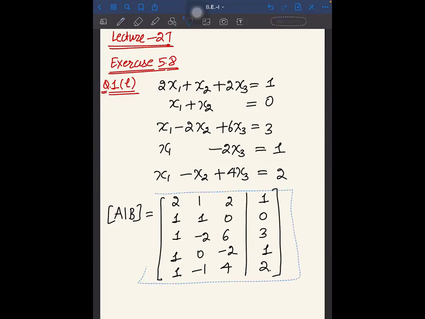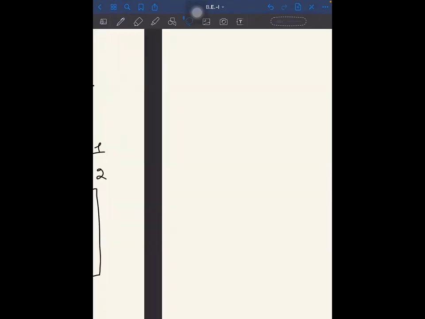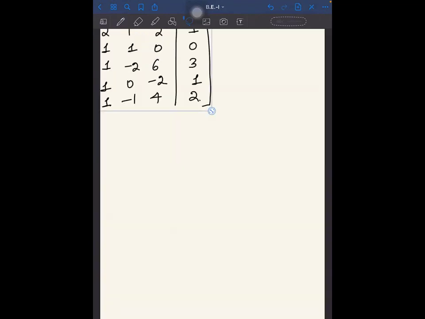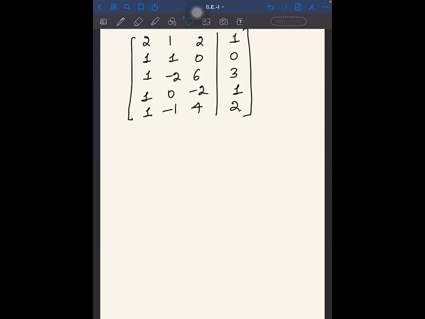So interchanging the rows. Interchanging is fine, right? You can start with the interchanging, or you can also subtract this row from this row, right? That can also be done. But anyways, we'll start with the interchanging part.